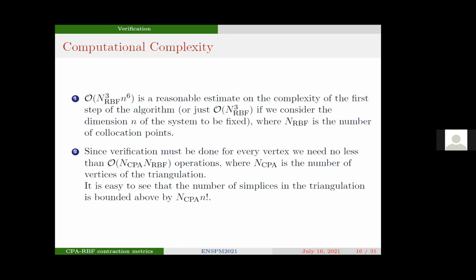And for the second constraint, we need to do it at every vertex of each simplex. So if they have common vertices, we need to do it twice or more. Now it's good to remember that the number of simplices in the triangulation is bounded above by N_CPA and factorial, and it shows how the complexity grows as the dimension of the system grows.